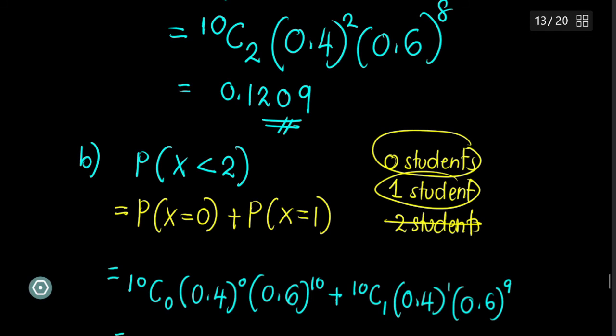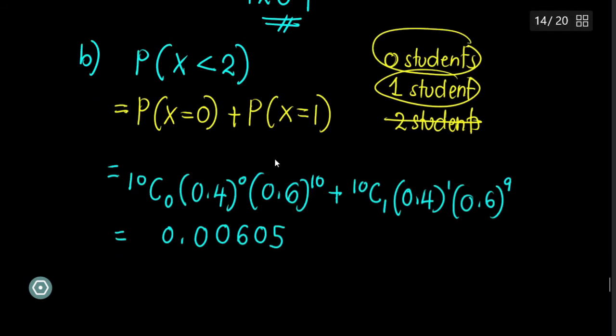Okay, so let's plus. First, the one we get is 0.4 times 0.6 power of 10. We get 0.00605. Okay, be careful because there's 10 times 10 to the power of -3. Okay, so just be careful.